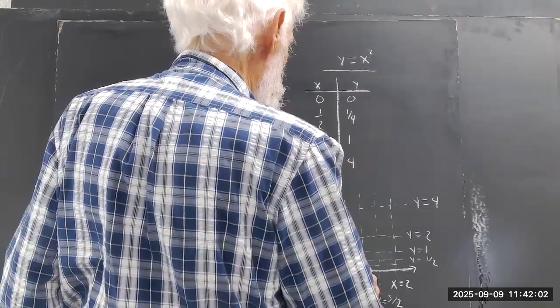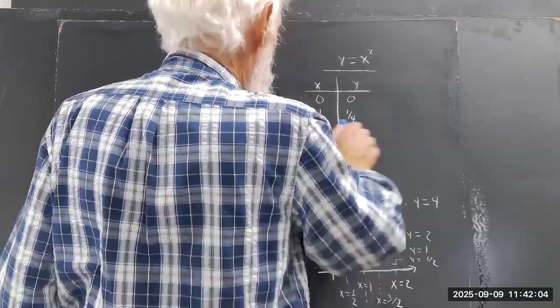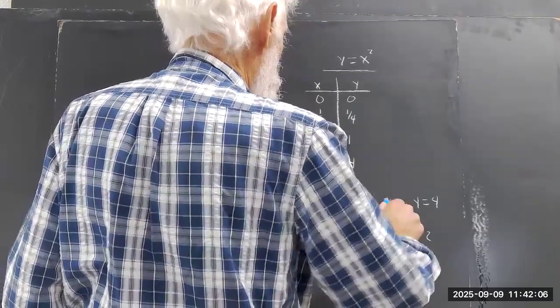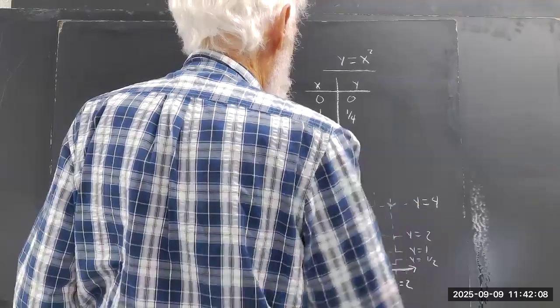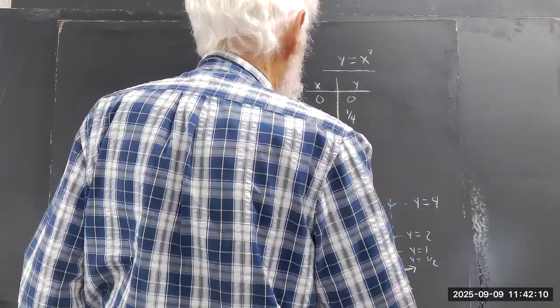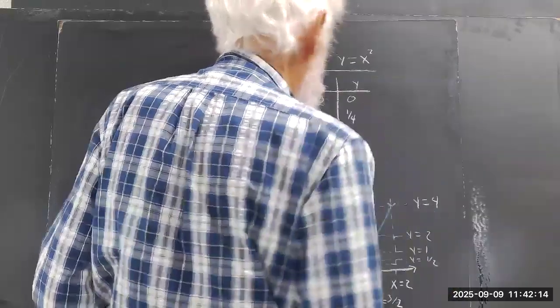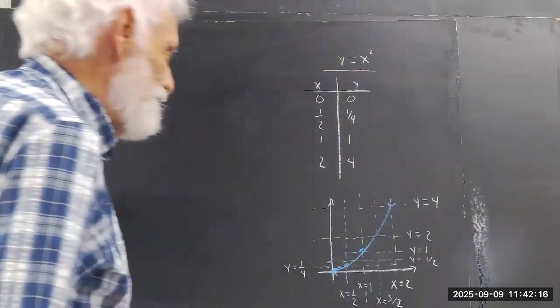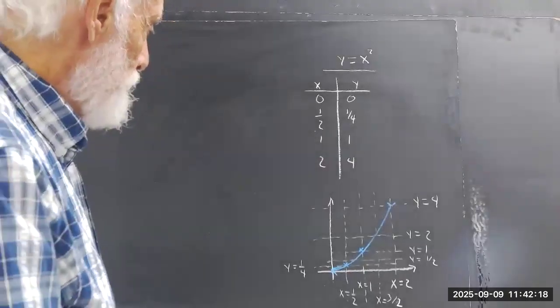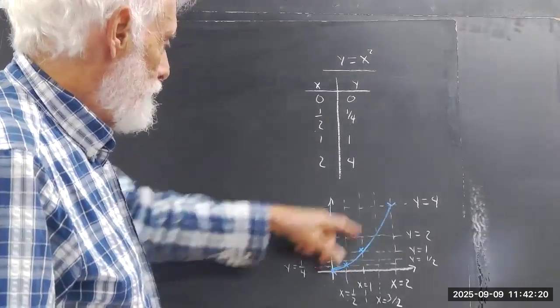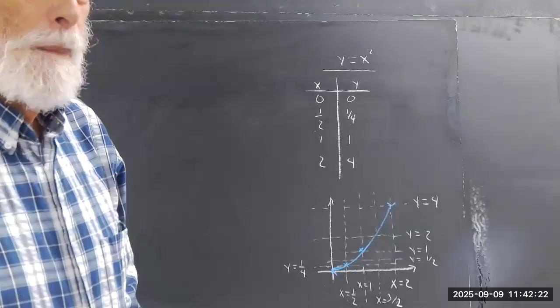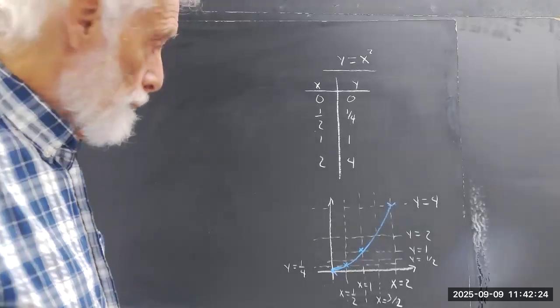We get these points: 0, 0; 1/2, 1/4; 1, 1; and 2, 4. The graph starts out flat, then it starts curving up. Goes up like this. Not a perfect graph, but it's not too bad. We get the shape.